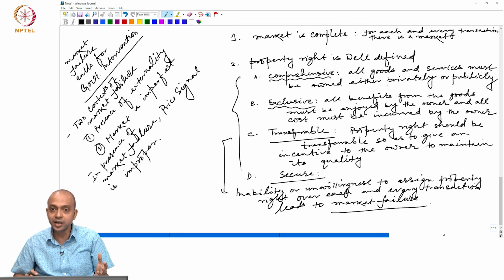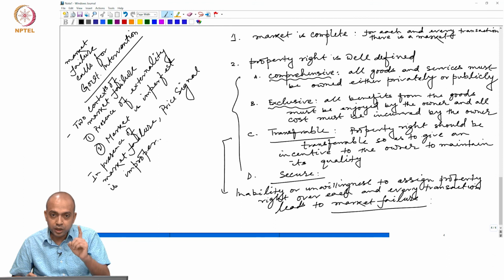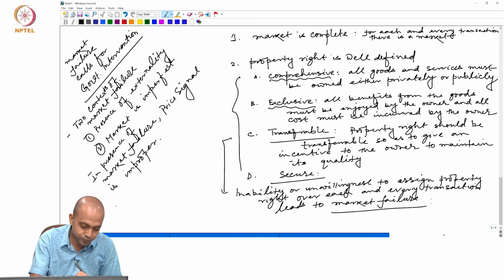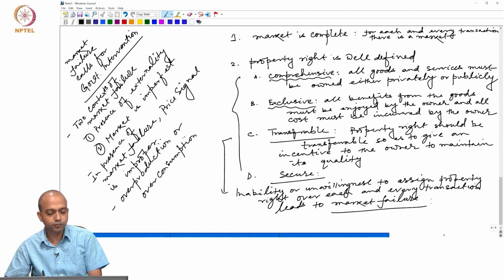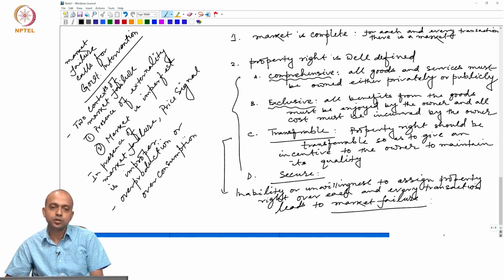Since there is no direct market, price signal is improper. So, the moment price throws an improper signal, there would be either overproduction or overconsumption. And it will lead to market failure, it will lead to environmental degradation.